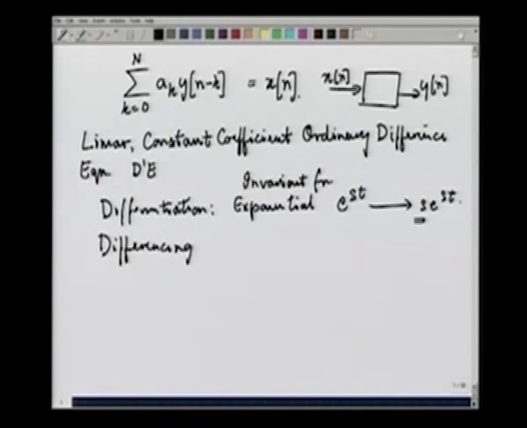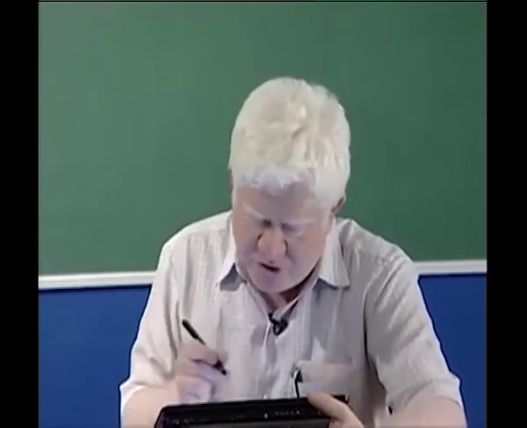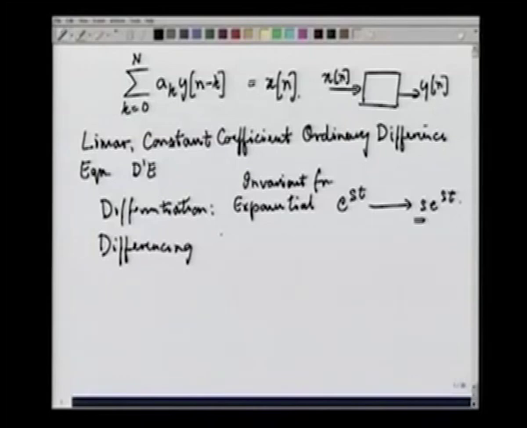we shall claim that what we need is what is called the discrete exponential, of the form a r to the power n.